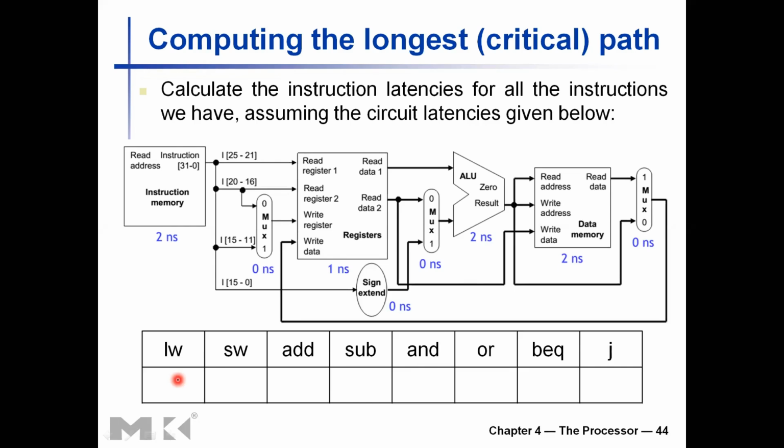The latency for the load word instruction, starting at the time the program counter gets updated from that clock edge: how long do you need for the load word instruction to complete based on these assumed values for the data path?